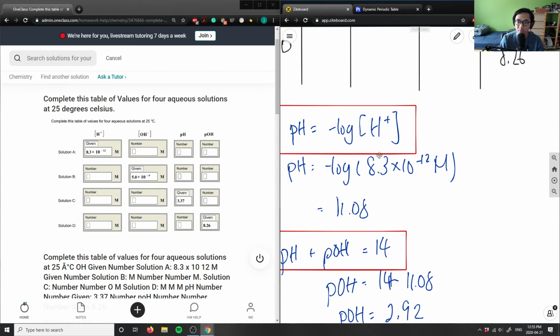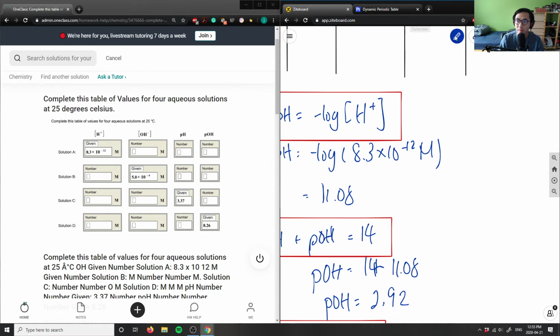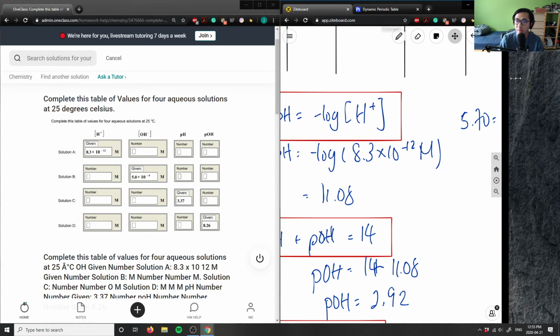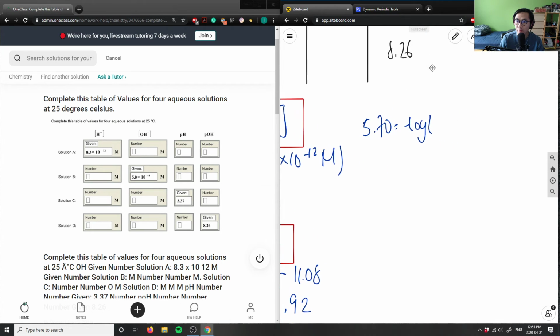So again, I'm using this formula here, but let me do this in blue again. I have pH, which is now 5.70, equals the negative log of my hydrogen ions, right?